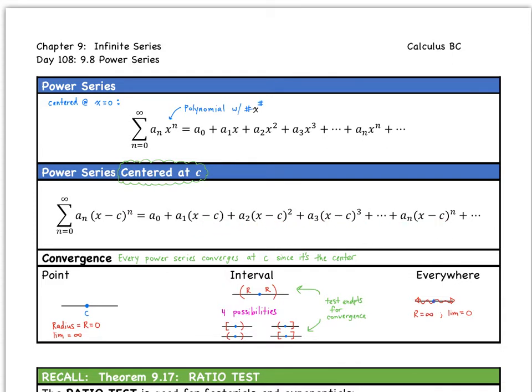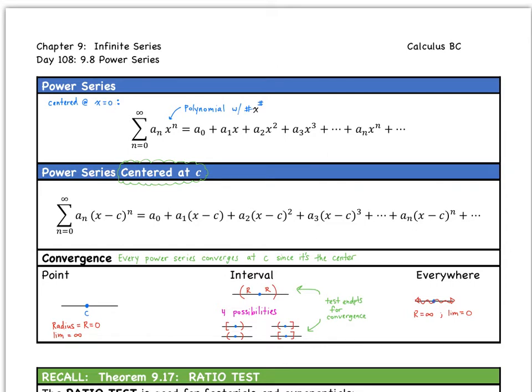But we're going to talk about the convergence, and we're going to talk about the interval of convergence. And in order to discuss that, every power series converges at c since it's the center. So whether that's c or 0, okay?